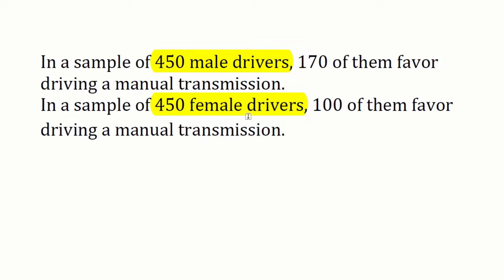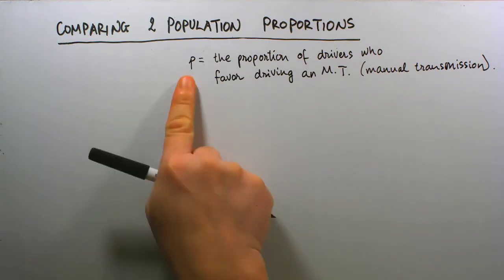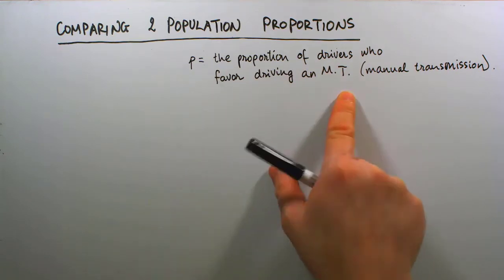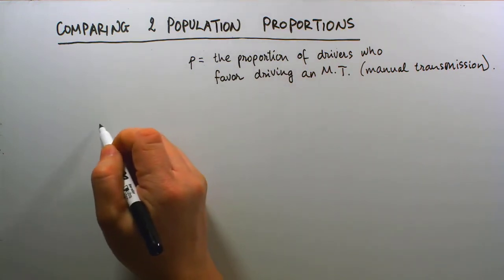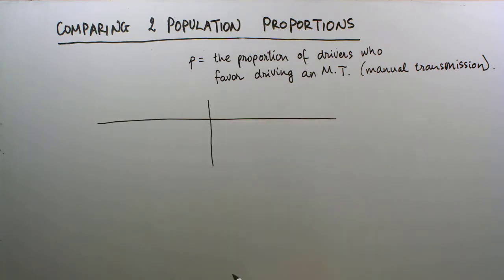but taken only from the female drivers population. And so my point now I would like to make is that the same proportion now, the same general proportion of drivers who favor driving a manual transmission, we now separate into two separate populations.